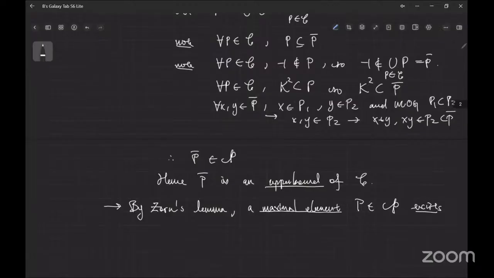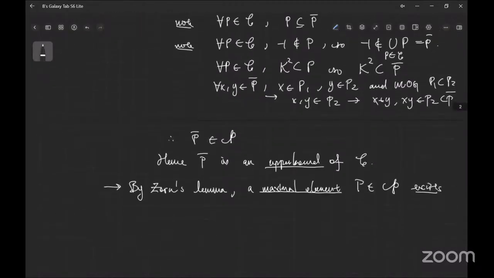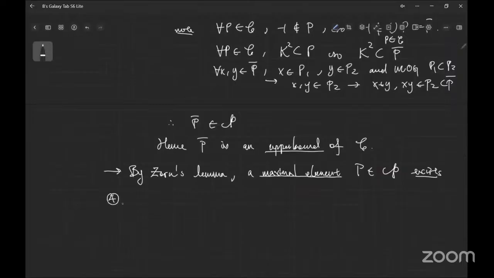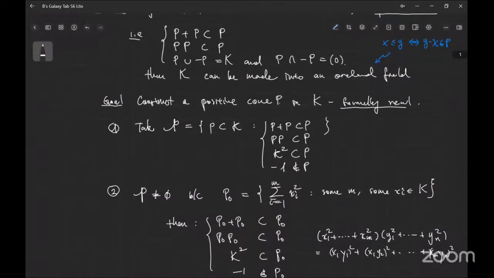And now we just need to show that P is a positive cone. So that's step 4. Our claim: P is a positive cone in K. Now, the collection of sets of script P is sometimes called the collection of pre-positive cones.